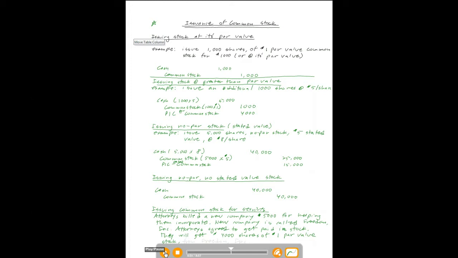The attorneys agreed to get paid in stock, and they're going to receive 4,000 shares of $1 par value common stock from Freedom Inc. So on Freedom Inc.'s books, they are going to debit an account called Organization Expense, which basically are all the costs involved to get your company organized, like legal fees and licensing fees, etc., for the amount of the bill from the attorneys, which was $5,000.